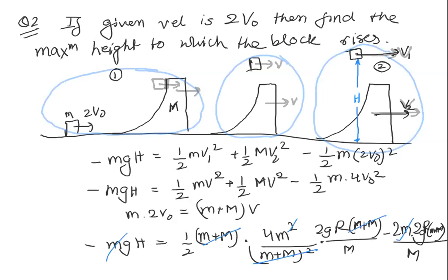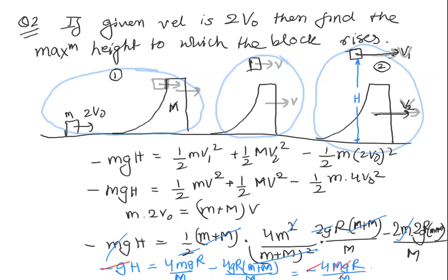Okay, so the equation that I end up with is minus gh is equal to, the 2 and 2 cancel out, is equal to 4m by M minus gr, here it will come gr, minus 4gr m plus M upon M. This is equal to minus 4mgr upon M. And now minus g cancels out, m cancels out, and I get h is equal to 4r.